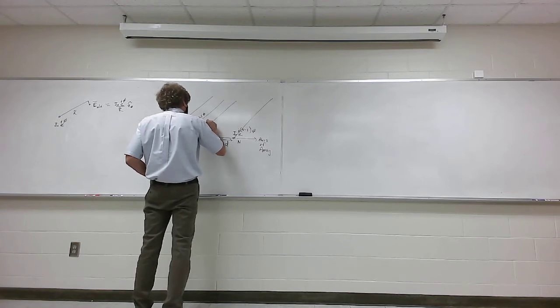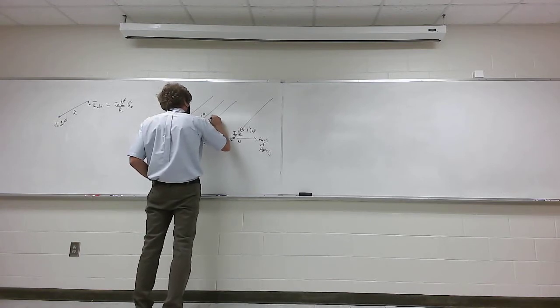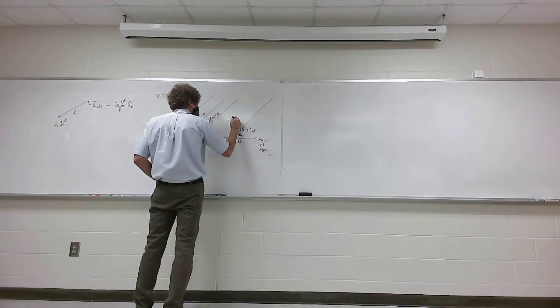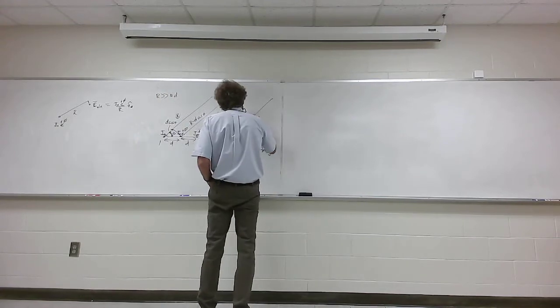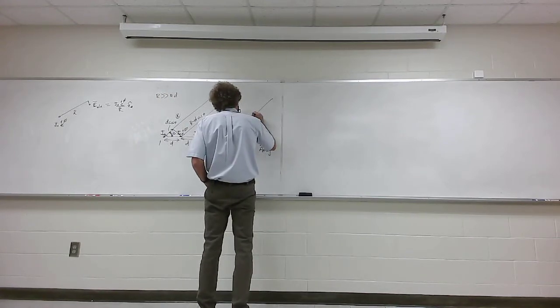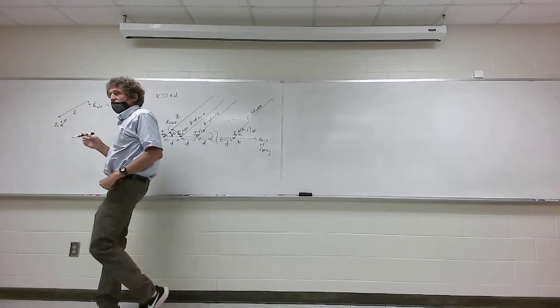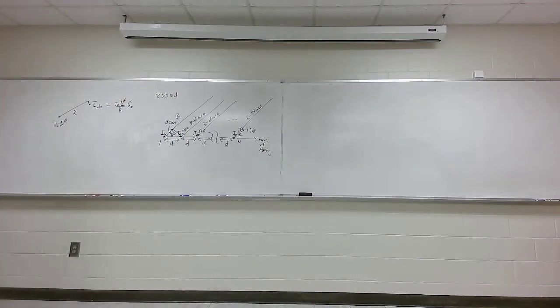This is going to be r minus 2d cosine of theta, all the way down to r minus nd cosine of theta. Y'all follow me on that? So what I'm showing you now is this small distance difference in all these radial vectors. That will come into play with a phase change, but not in a magnitude change of the fields. Do y'all agree with this? Give me a show of hands just to make sure you see it. Y'all see it?